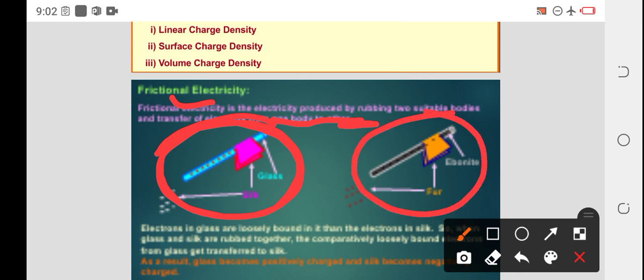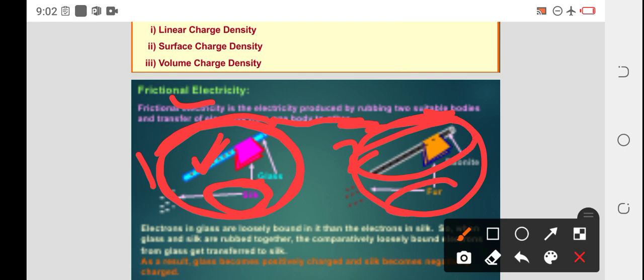Let's see here. We are taking two bodies in figure 1 and two bodies in figure 2. In figure 1, this body is glass and this body is silk cloth. In figure 2, ebonite rod and fur.